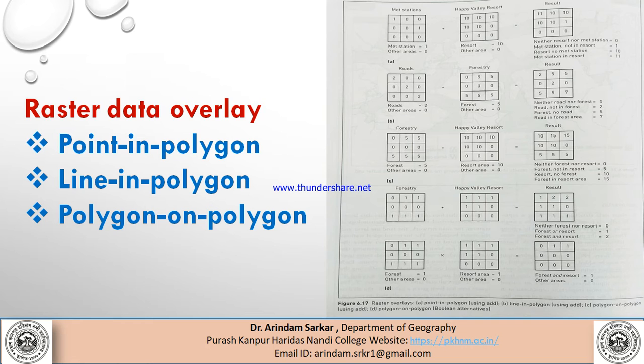Thus, the important consideration in the raster overlay is the appropriate coding of point, line, and area features in the input data layer. Polygon on polygon analysis is conducted in just the same way. Again, the coding of the input layers is the key to understanding the output produced by the raster overlay.